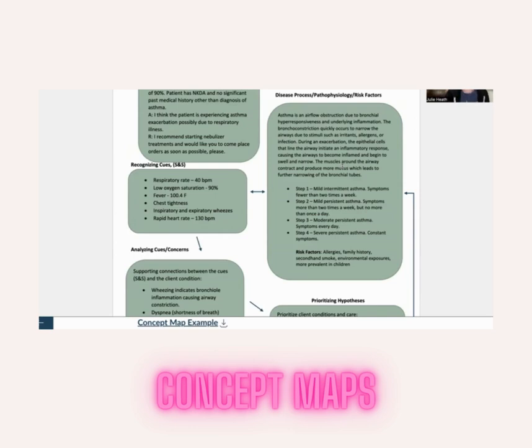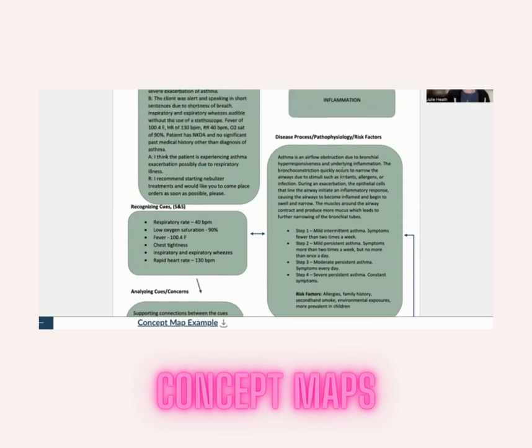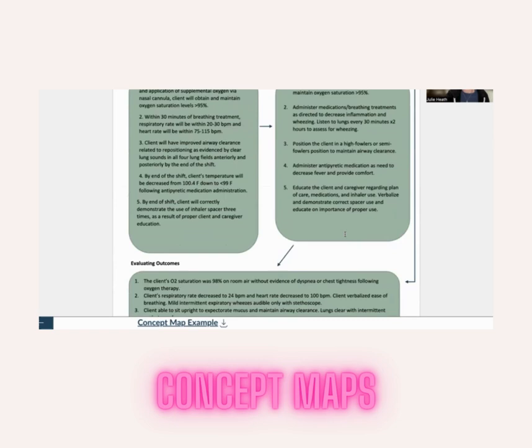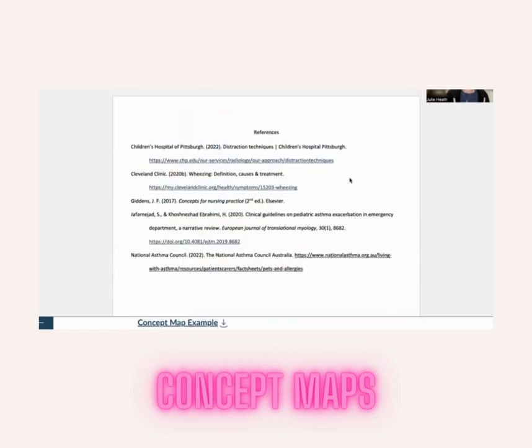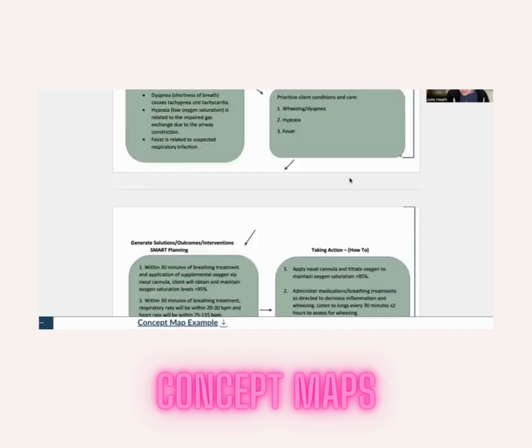So where are you getting it from? So you should have in-text citations here, and your references listed down below. If you need APA help, you can go to the library as well. They have a lot of different resources there to help with APA formatting. And I think that is it.